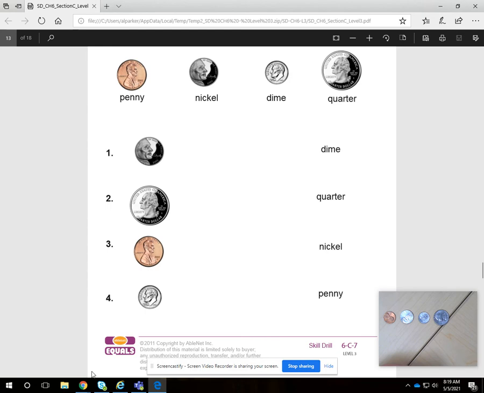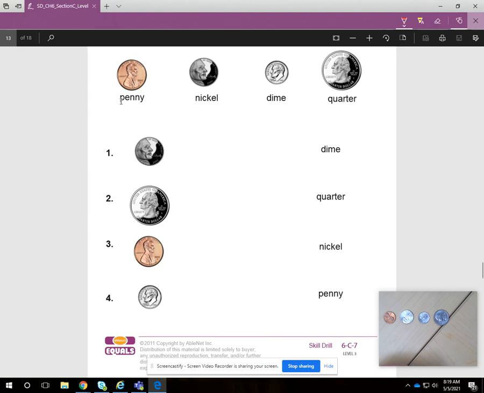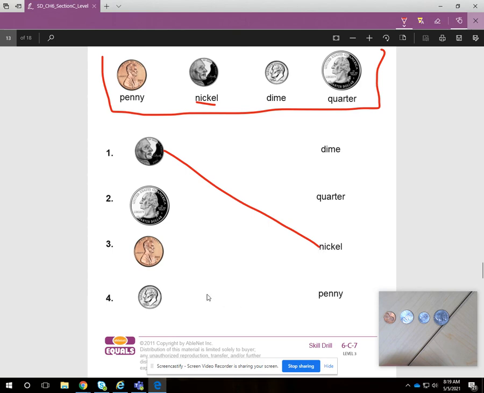And what's really nice about this is that we actually have a key right up here. So up here tells us penny, nickel, dime, quarter, right? So I just have to look at this one and see that it's a nickel. So I'm going to find nickel. I look at this one. This one matches this one. This one's a quarter. So I'm going to draw a line to quarter.